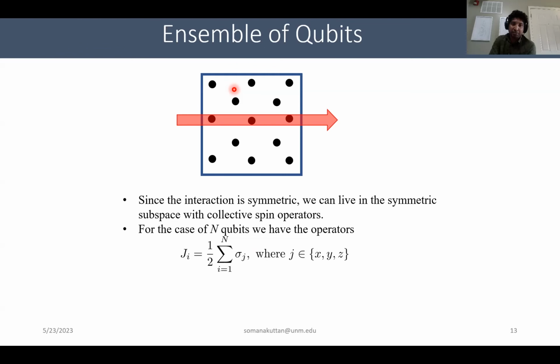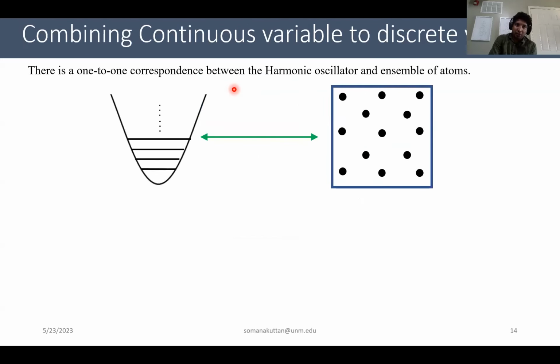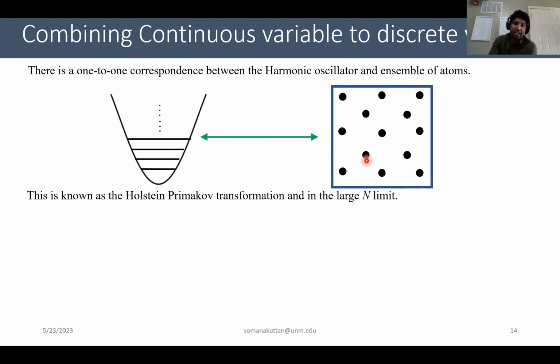Now, given this, there is a one-to-one mapping between the harmonic oscillator and this ensemble of atoms or qubits. Let's say we have this harmonic oscillator, which has infinite levels, and on the other side a large number of qubits interacting collectively. This is a direct analog between these two systems.